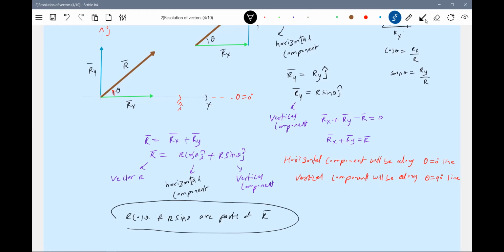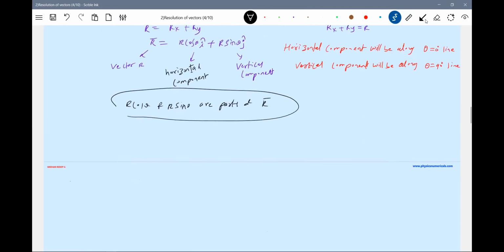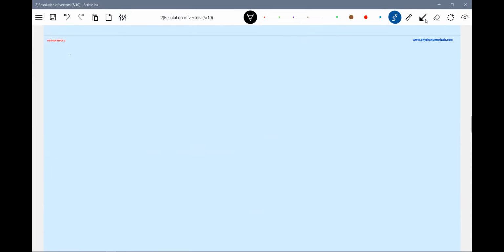So what we did, the R bar vector, we are able to break it up into its parts. What are the parts? A part will be along the x-axis, a part along the y-axis, or components, as we call them. Now, we'll go back to the questions which were asked earlier. We have to answer all of them.